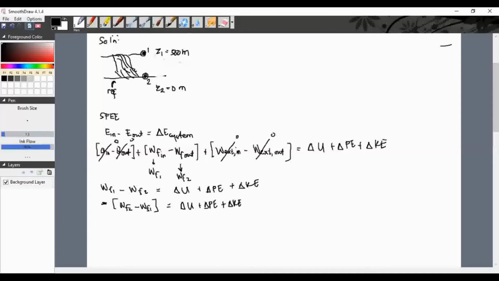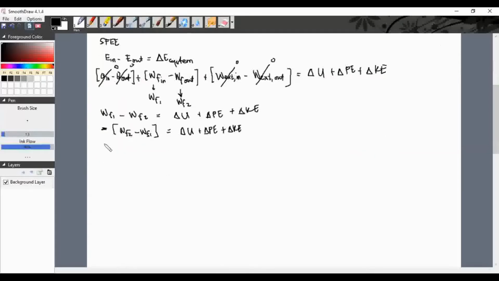This is the change in flow energy or flow work, with no subscript. So we have the change in flow work equals delta U plus delta PE plus delta KE.